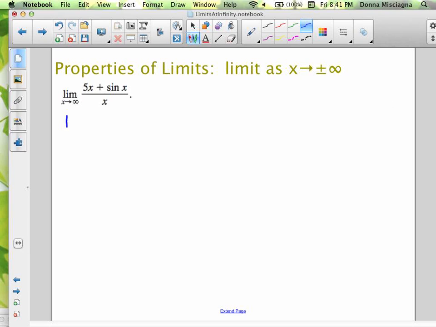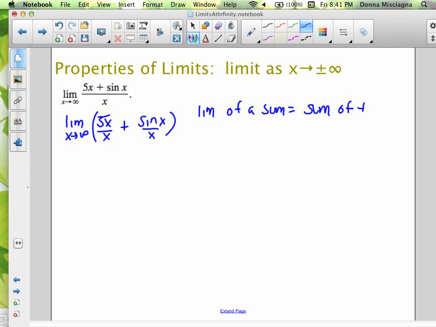So we have the limit as x approaches infinity of 5x divided by x plus sine x divided by x. Remember from our properties that the limit of a sum equals the sum of the limits.